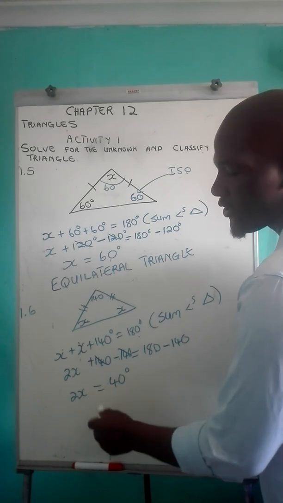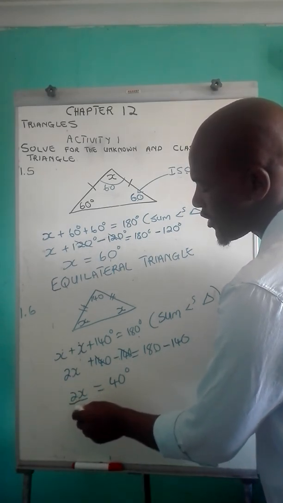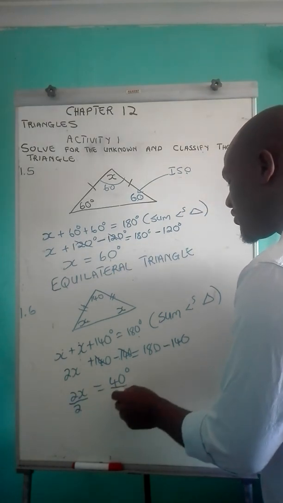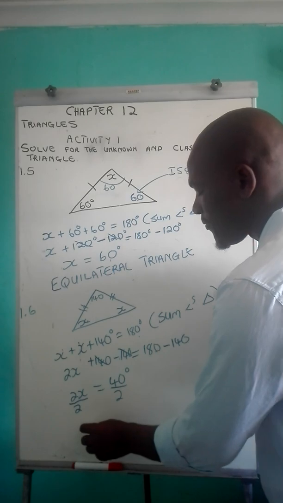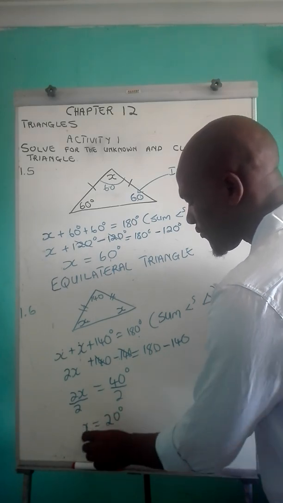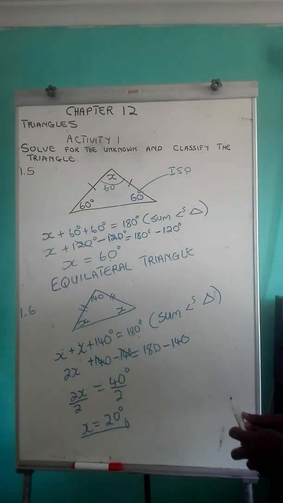This is 2 times x, so the opposite of multiplication is division. What you do on the left hand side, you also do on the right hand side. So x is equal to 20 degrees.